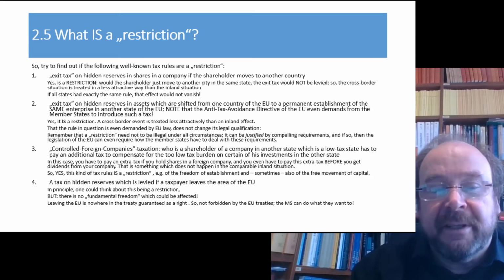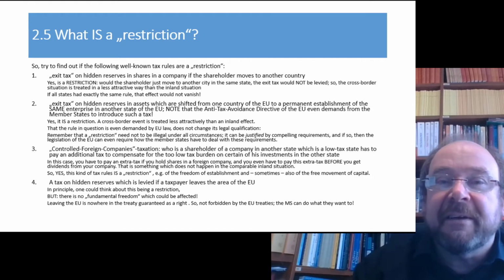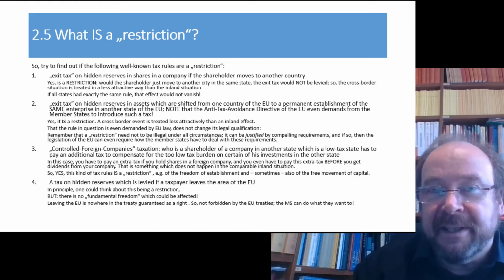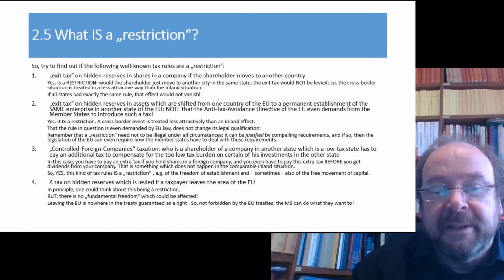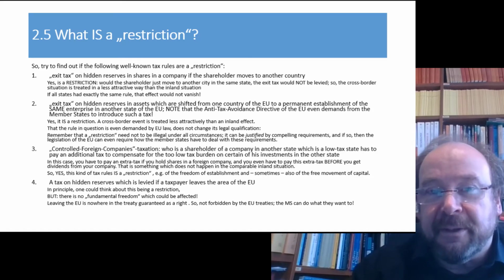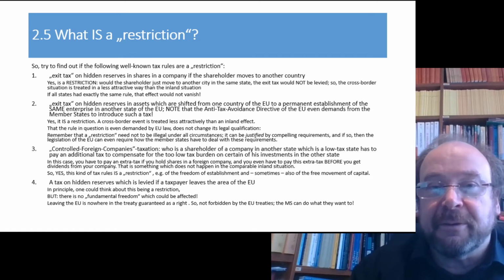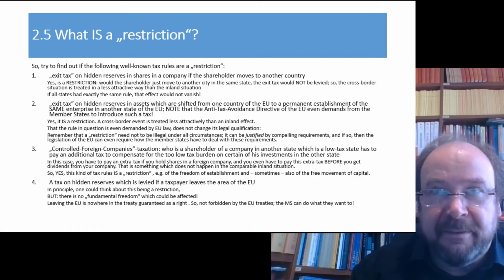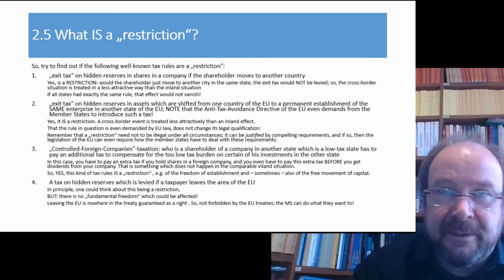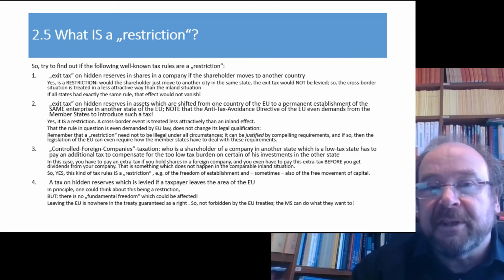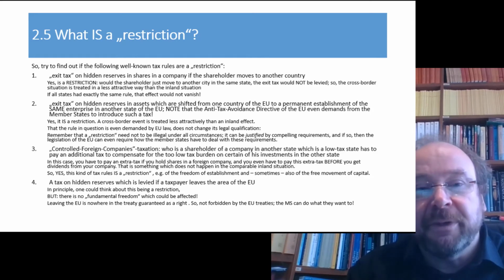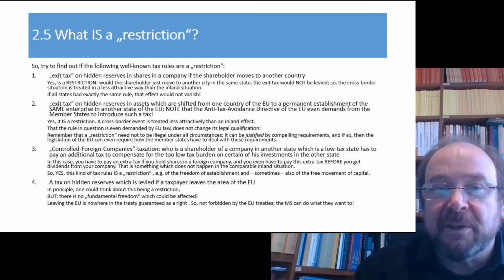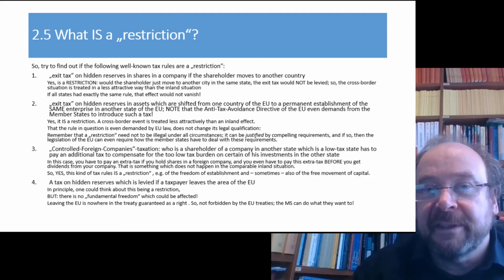A tax on hidden reserves is levied in a case where a taxpayer leaves the area of the EU. In principle, you could think about this as a restriction. If you cross the border, then you have to pay. If you remain inside your own state, you do not need to. But the problem is crossing the EU and moving to a third state is not protected under the EU treaty.